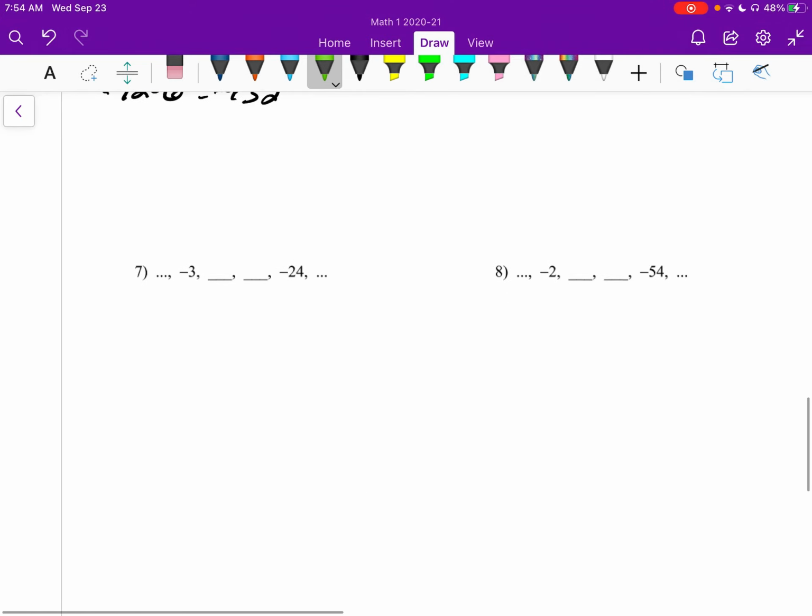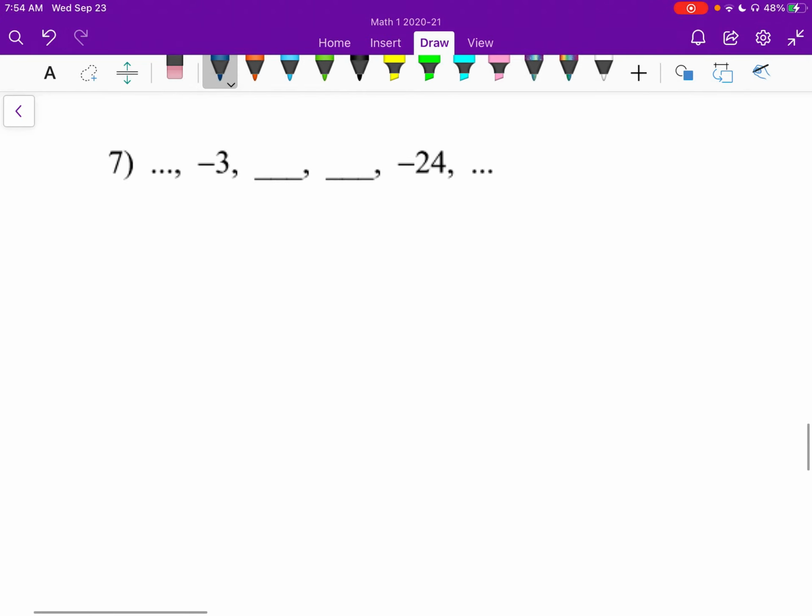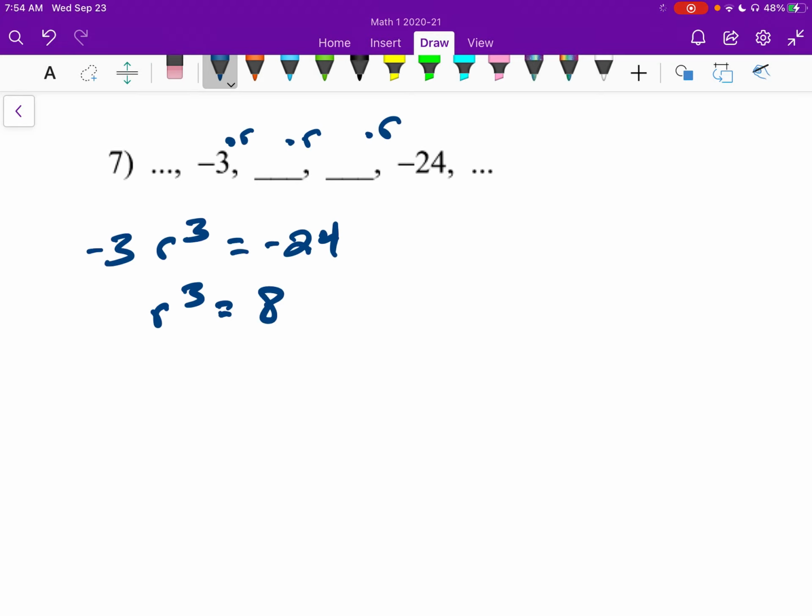All right, let's look at number 7. Here's times r, here's times r, and here's times r. So we have negative 3r cubed is negative 24. If we divide by negative 3, we get r cubed is 8. And 2 times 2 times 2 is 8.